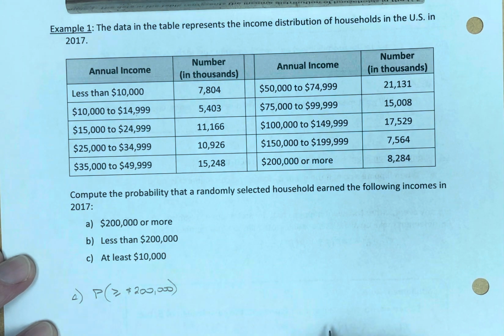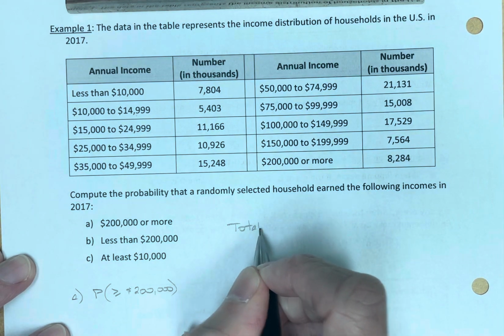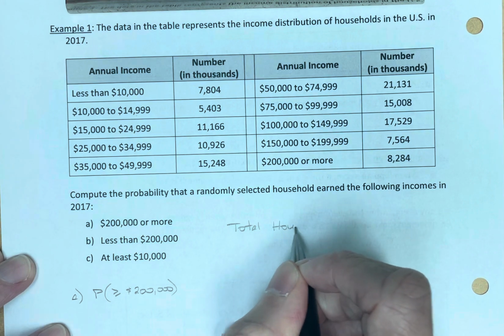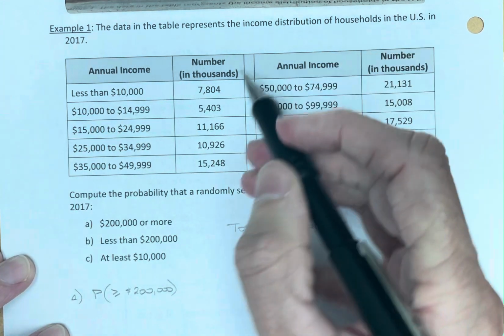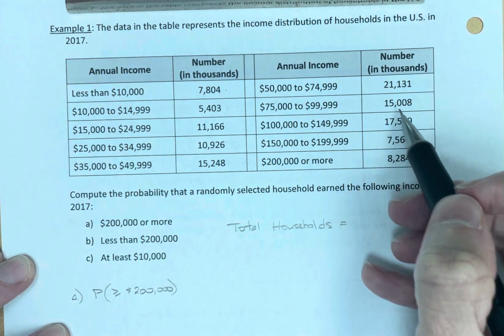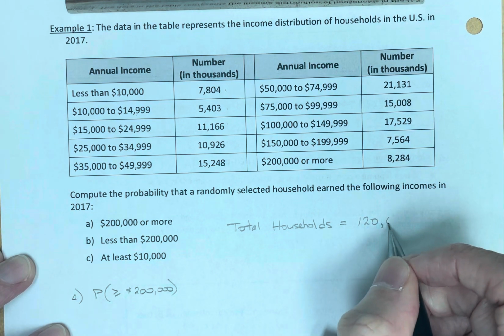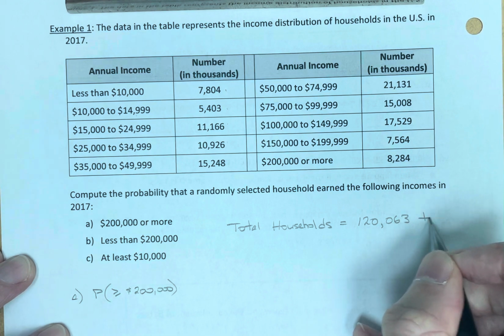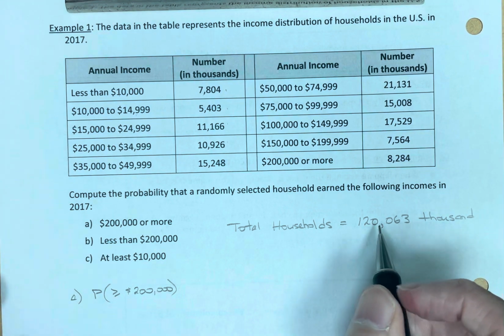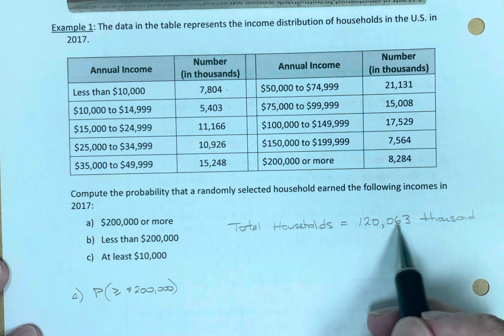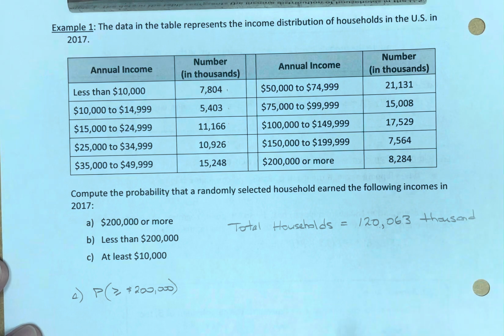Let's first recognize we're going to need the total households. We weren't given the information. We've got to add them all up. So I'm going to add up these, I think, 10 numbers, and I come up with 120,063,000. This would be 120 million, but our numbers are in thousands, so this is 120,063,000. We could put 3 more zeros and we could get rid of that word thousand.